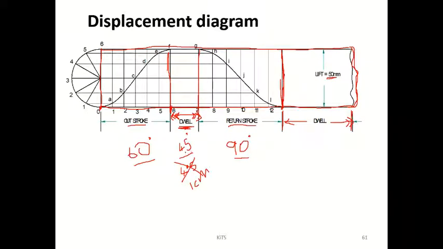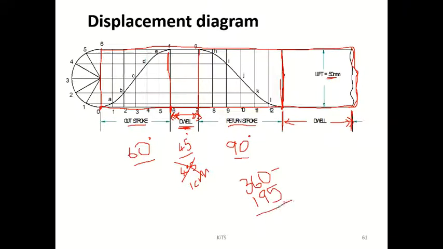What is the total value now? Totally we have 360 degree. Now this is 60, 60 plus 45 is 105, plus 90 is 195. 360 minus 195, what is the value?